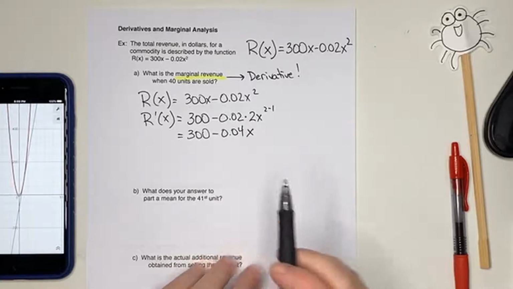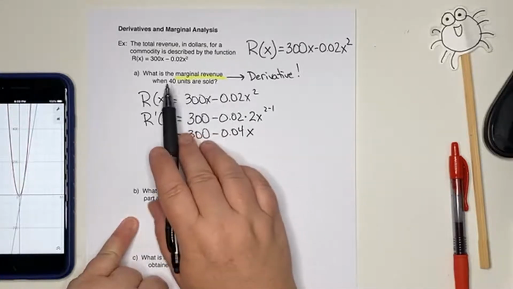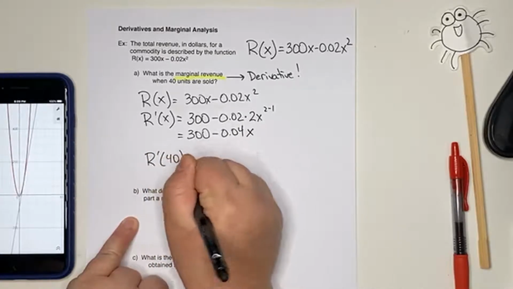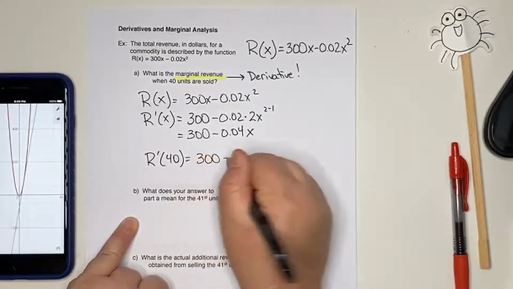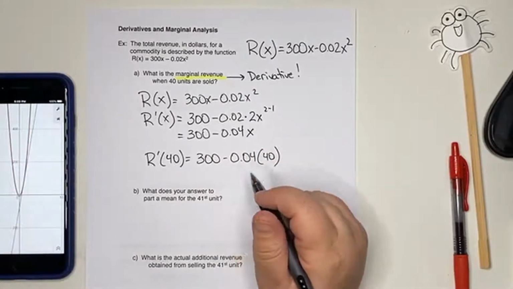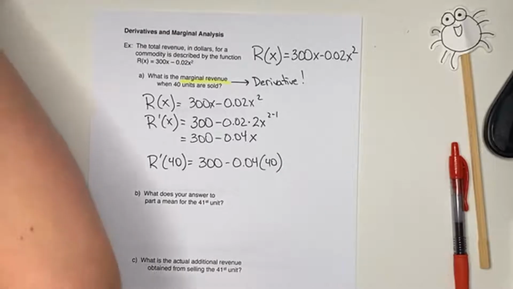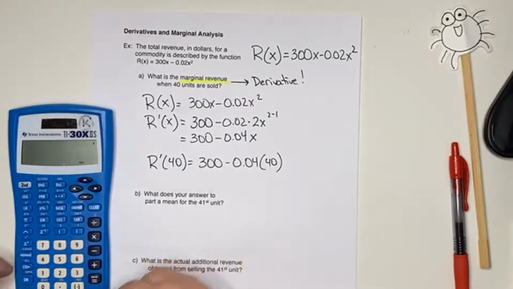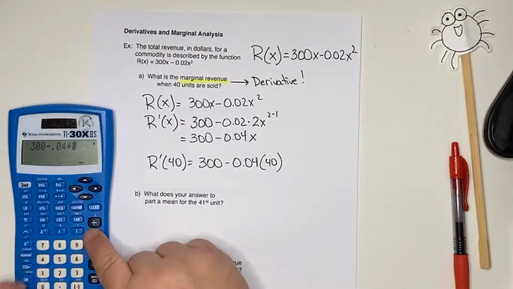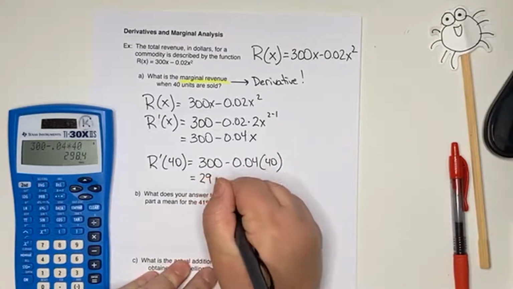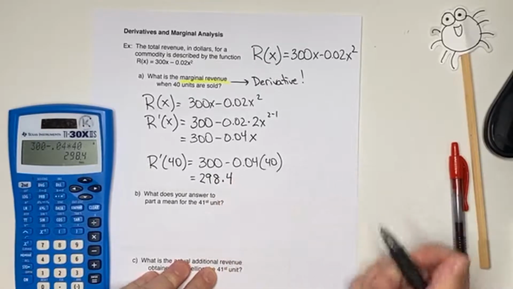Now, in this case, it doesn't say in general for all x, it says when 40 units. So we want the derivative at 40. So that's 300 minus 0.04 times 40. I'm too sleepy to do that in my head. So I get 300 minus 0.04 times 40, and I get 298.4.